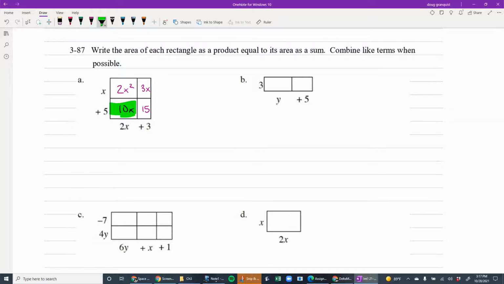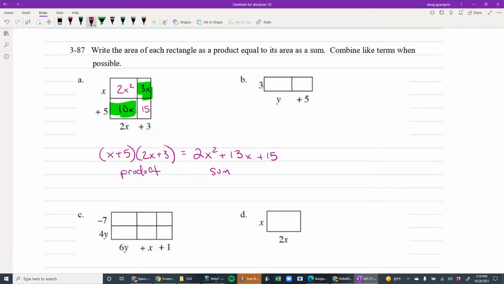The things that are like each other can be added together. So we can write this out as x plus 5 times 2x plus 3 is equal to, and here's how we put it together: 2x squared, 13x, and 15. This is our product, and this is our sum.